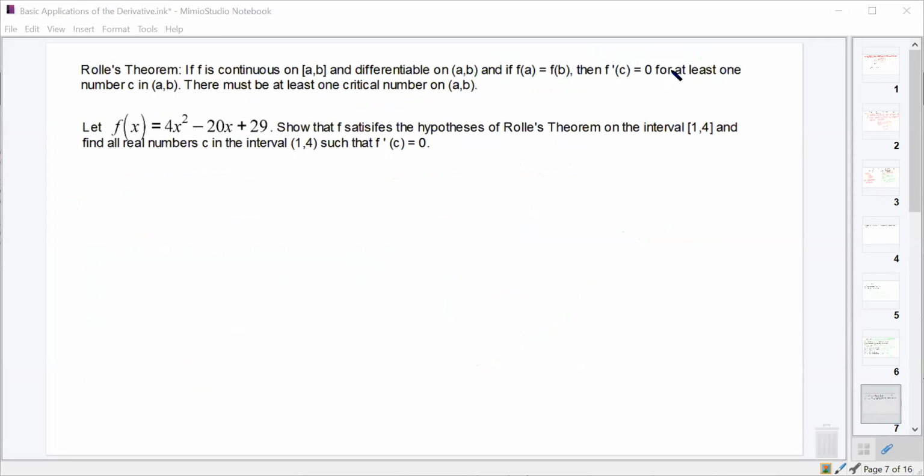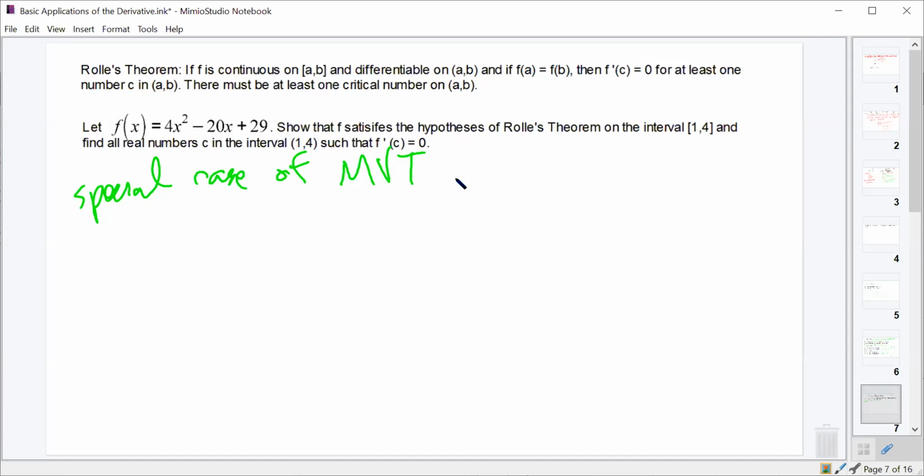All right. Rolle's theorem. Hopefully you're familiar with Rolle's theorem also. Rolle's theorem is just a special case of the mean value theorem. Right? So this is a special case of the MVT where f of a equals f of b.